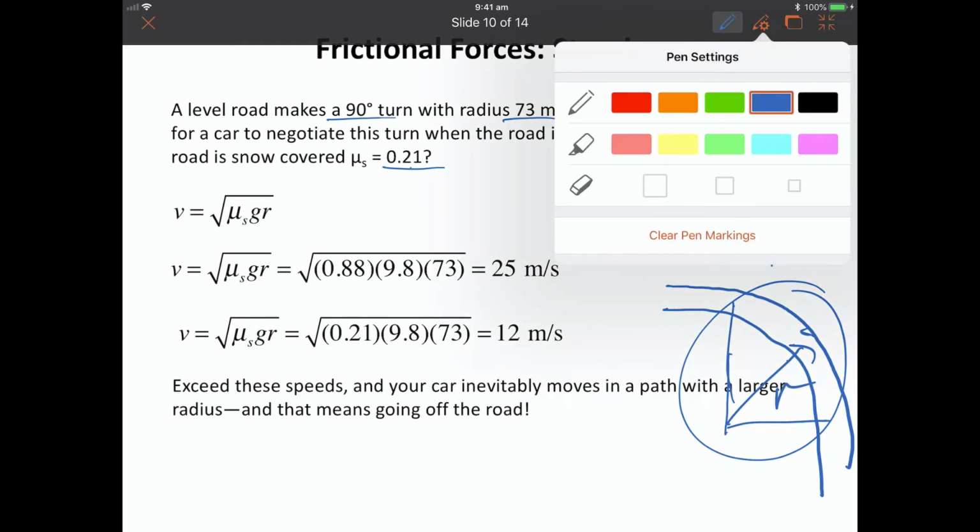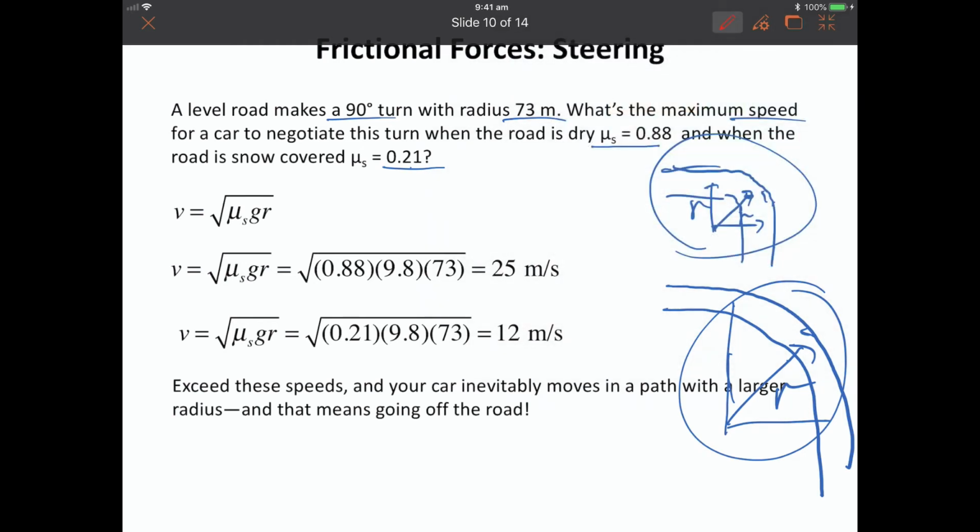You plug in the numbers again. When it's dry, the maximum velocity is 25 meters per second. When it's wet, it's 12. Can you convert this into kilometers per hour? Yes. You multiply by 3.6. So what does multiplying by 3.6 give you?